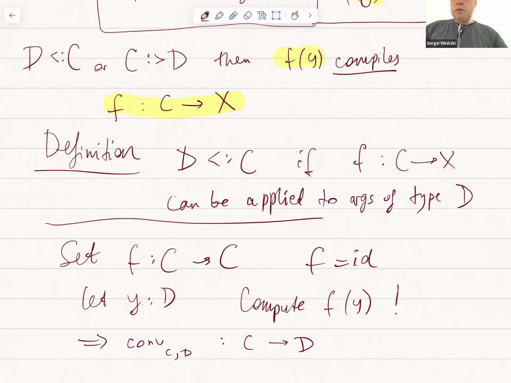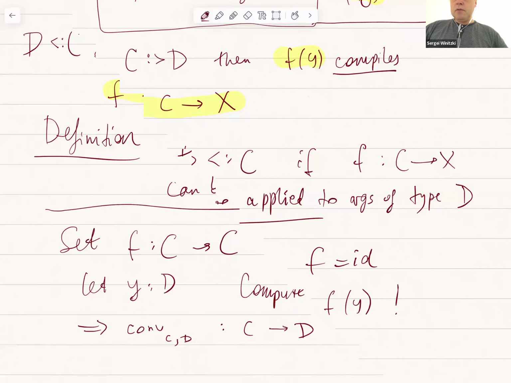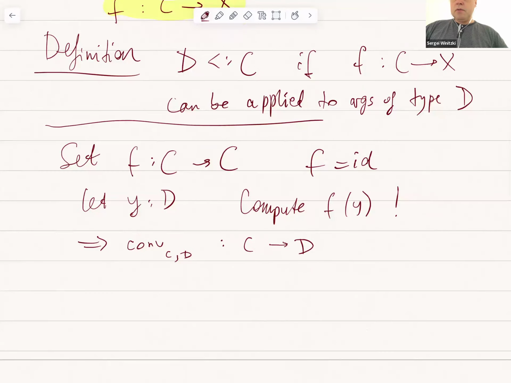So it converts a type to its supertype. So from this point of view, a subtyping relation between types C and D means that there exists a function that converts D to C. And this function is automatic. The compiler substitutes that function into the code behind the scenes. We don't have this function explicitly in our code. We see that this is actually equivalent to the definition of subtyping that I wrote.